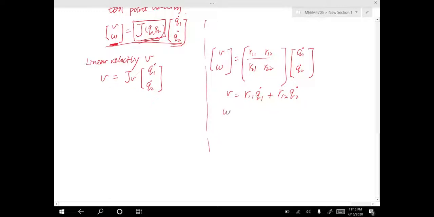And now what is omega? Omega is in the second row, so we need to use the second row to do the calculation. So omega equals R21 times q1 dot plus R22 times q2 dot.